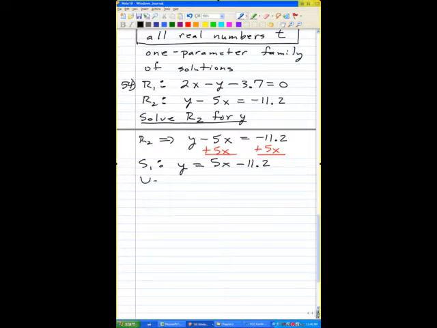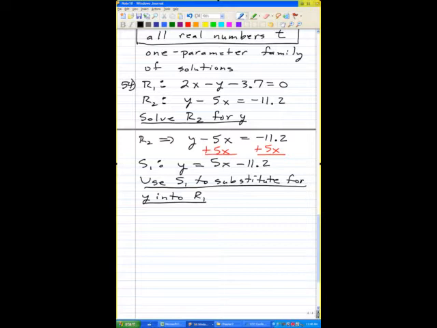And now let's use S1 to substitute for y into, well, we used R2, so R1. So I have to check to see which equation we had used previously.